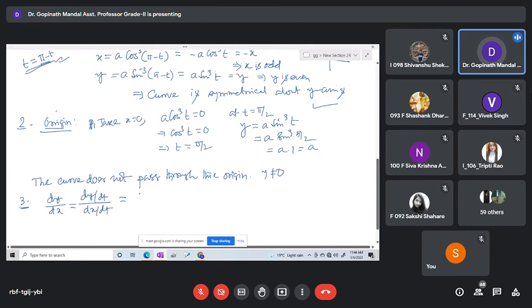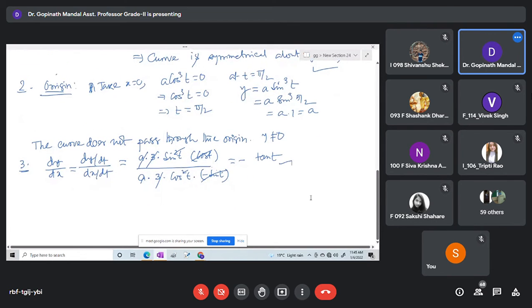So dy by dt is a times 3 sin square t times cos t, by a times 3 cos square t times minus sin t, that is minus sin t over cos t, that is minus tan t. So dy by dx is equal to minus tan t.